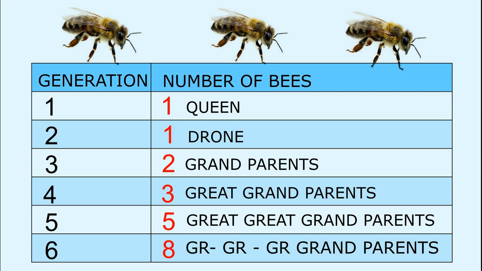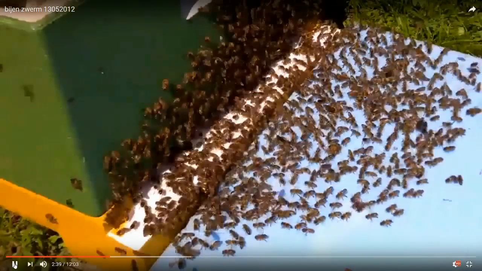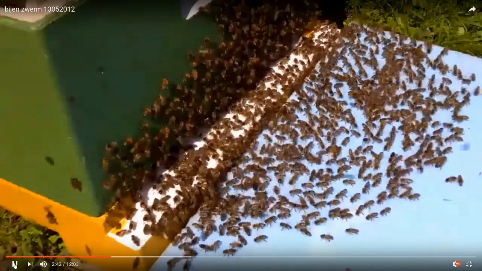The third generation has 2 grandparents, the queen and the drone. The following generation, the fourth, has, studied in this way, 2 plus 1 grandparents. The next, 3 plus 2, that is 5 grandparents, and the 6th generation has 8 great-grandparents already. In this way, the growth of a bee population reflects the Fibonacci sequence.